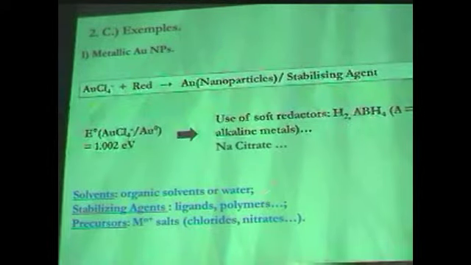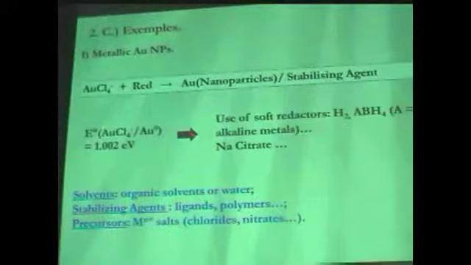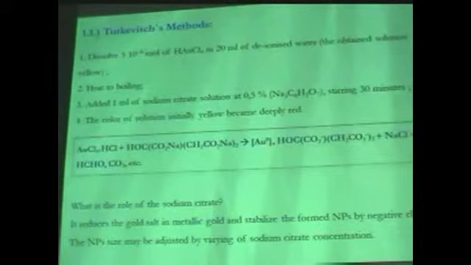In organic solvents or in water, we use relatively soft reductors such as hydrogen, NaBH4. We can also use sodium citrate, etc. The first, the Turkevich method, gives nanoparticles usually soluble in water. Very simple method. We dissolve our precursor HAuCl4 in water. The solution is yellow.